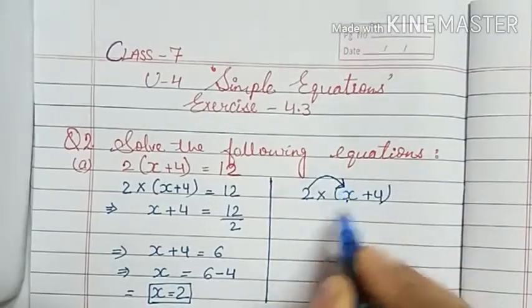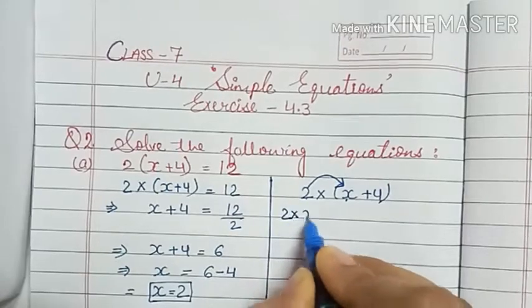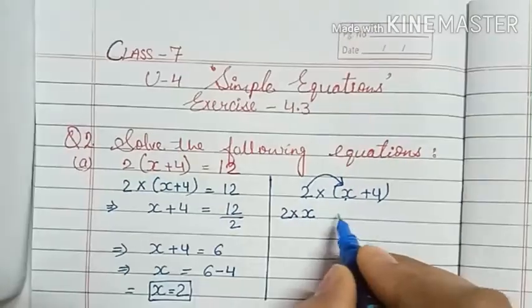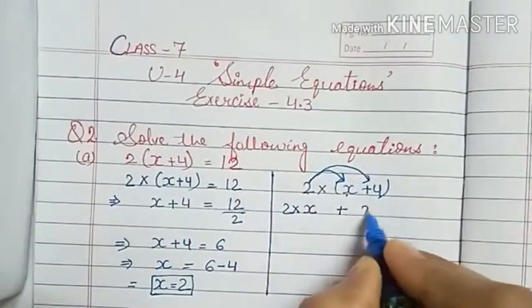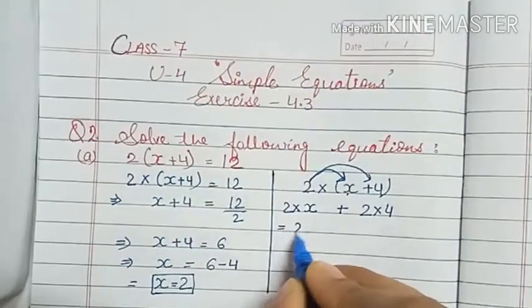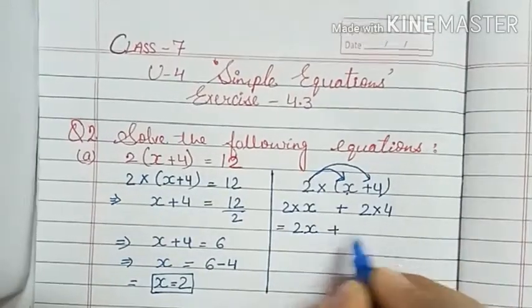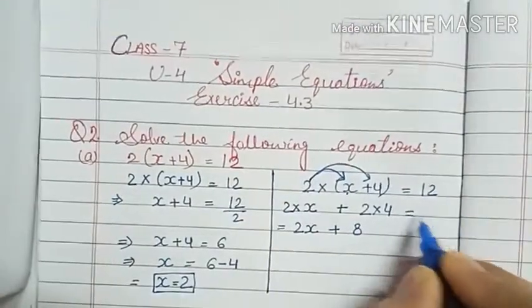So if you want to open the bracket, what you have to do is multiply 2 with x, and there will be a plus sign. Then you have to multiply 2 with 4 also. So then you will get 2x plus 8, and it is given now equal to 12.